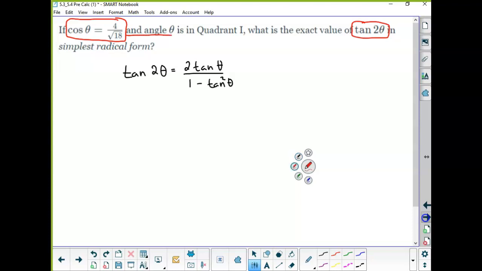And there's my formula. Now, we don't have tangent, we've got cosine. So I have to do some side work here first, and I have to find the fact that we know cosine is adjacent over hypotenuse. We can set up the triangle just like we did before.